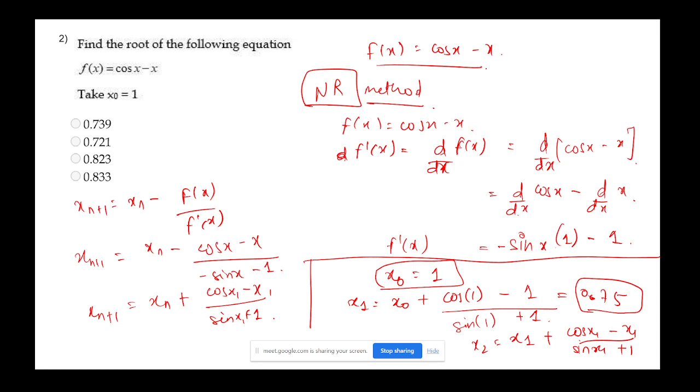So cos 0.75 minus 0.75 divided by sin 0.75 plus 1, and 0.75 plus that is 0.739. You can see that the difference between both values is still small. Now if you want to check whether it is further changing or not, you put it in again.